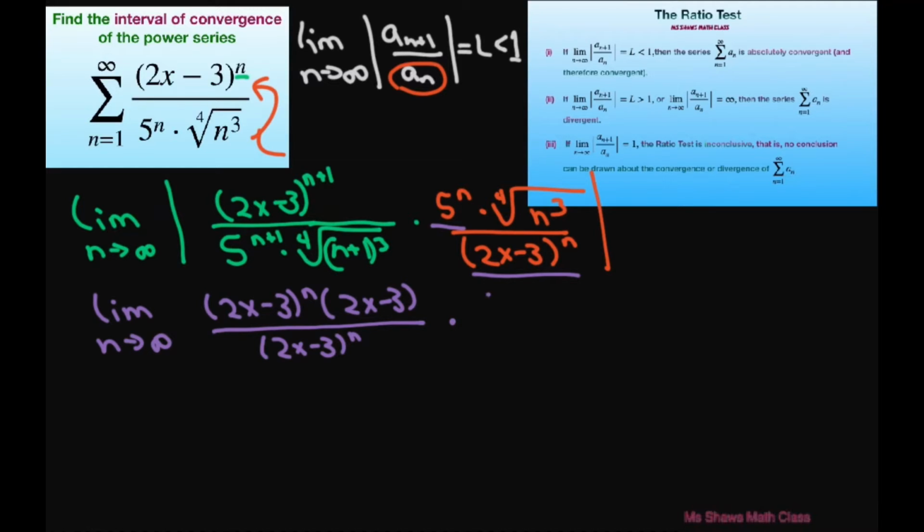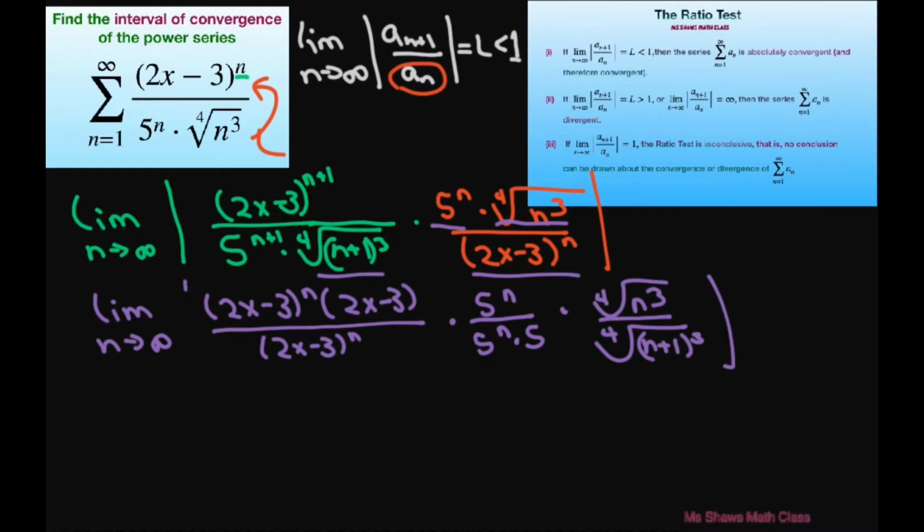So that's going to be 5 to the power of n divided by 5 to the power of n times 5. And then for our fourth roots, that's going to be the fourth root of n cubed divided by the fourth root of (n plus 1) cubed. And this is absolute value.